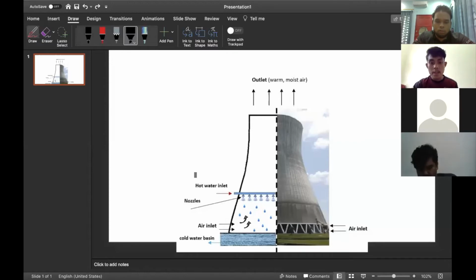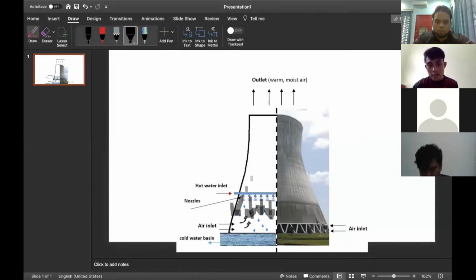So when the hot water moves into the cooling tower, it sprays out like this, to increase the contact area with the air, so that there is more heat transfer between the air and the water.